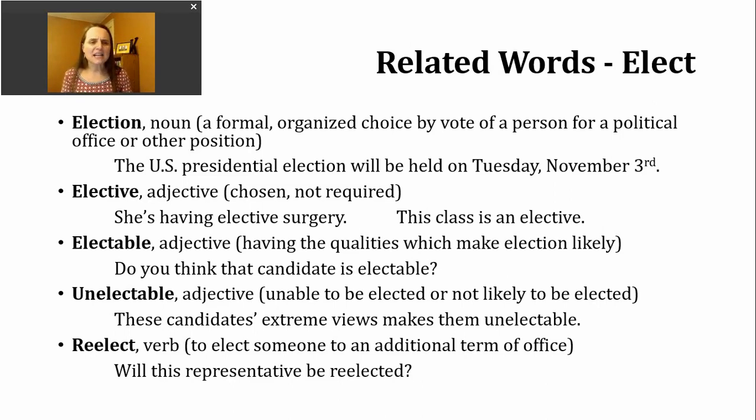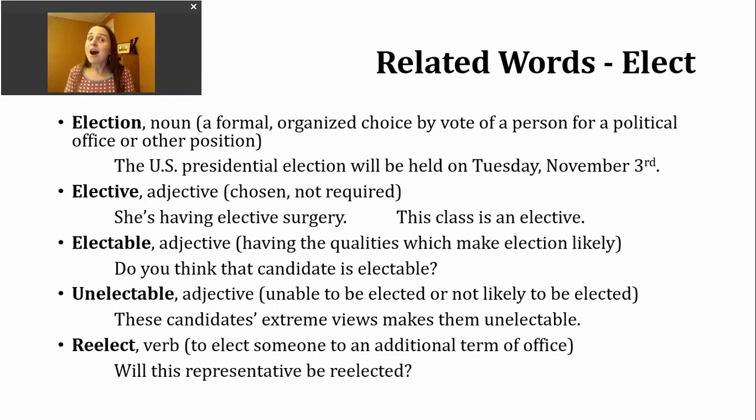And many times we hear this adjective used as people are beginning to consider whether they might run for office. And now we're in a place where there are teams of people that will do research and figure out, is this someone that many people would vote for?